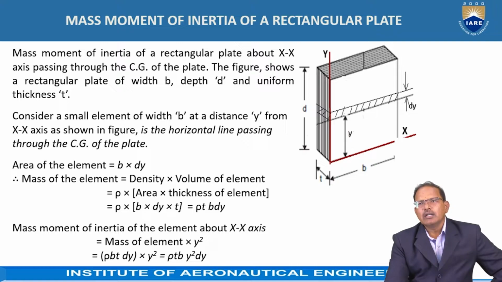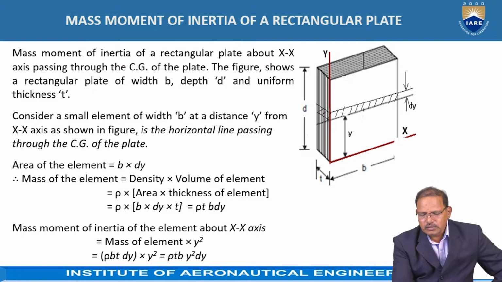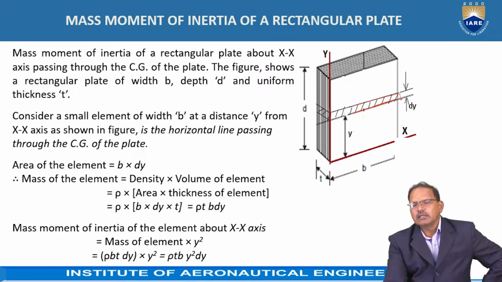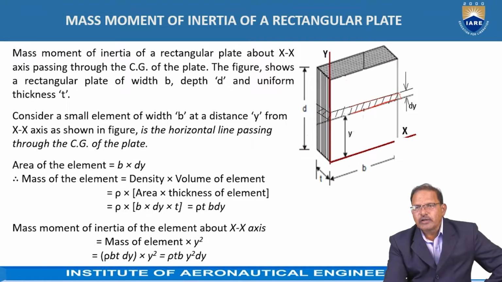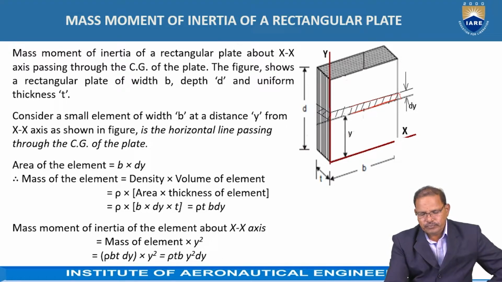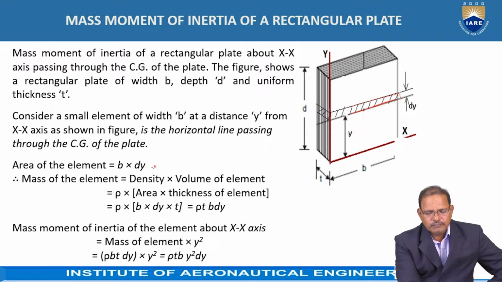Now consider a small element of thickness dy at a distance of y as shown in figure. The area of the strip is equal to breadth multiplied by the thickness, that is b into dy.